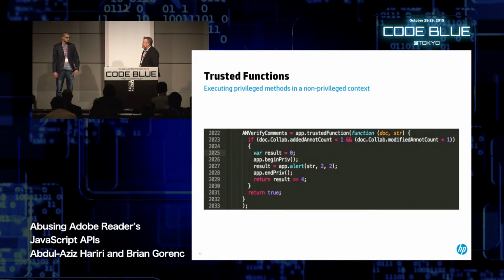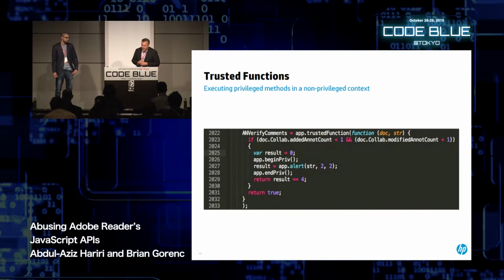There's also the idea of trusted functions, which allow you to execute privileged methods from non-privileged context. And you can see here on the code, this is an example of a trusted function. To define a trusted function, you do this with the code construct app.trustedFunction.